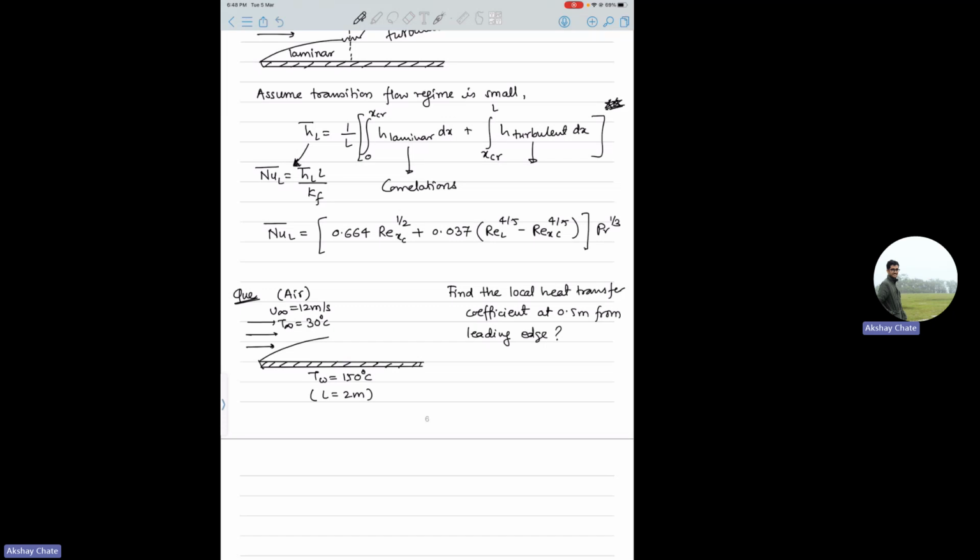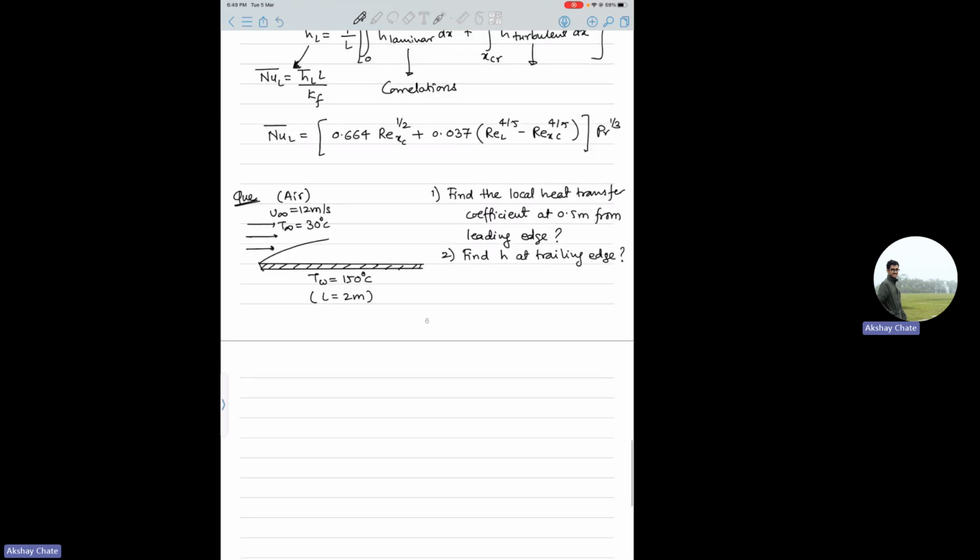So this is a typical first question. And same, find the local heat transfer coefficient at L equal to 2 meters. So basically at the end of your plate. So that is called the trailing edge. So they have asked two questions from the same problem.